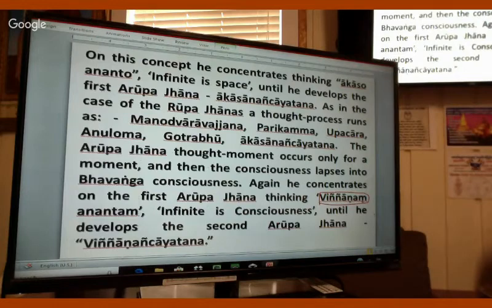And then, with the required concentration power, we change from Gotrabhu into the second Arupa jhana, Vinnanancayatana citta. Vinnanancayatana citta. So the Vinnanancayatana citta object is citta, reality. But the first Arupa jhana, Akasanancayatana citta, object is Pannatti, concept: Akasa.